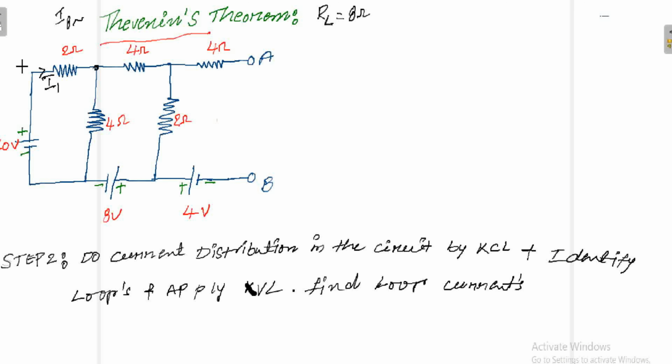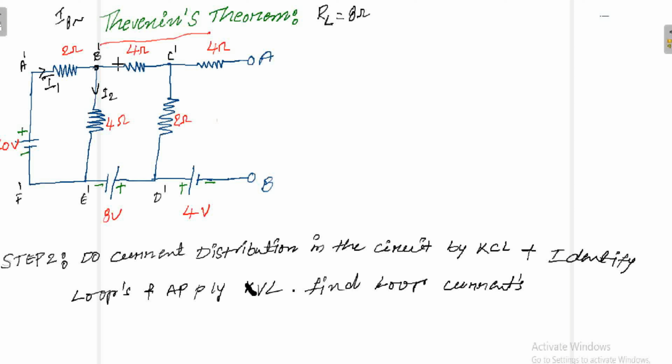This is A, this is B, this is C, sorry, A dash, B dash, C dash. Let us consider this is D dash, this is E dash and this is F dash. So the current I1 is entering this point.